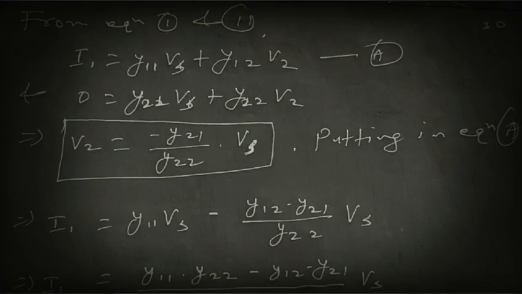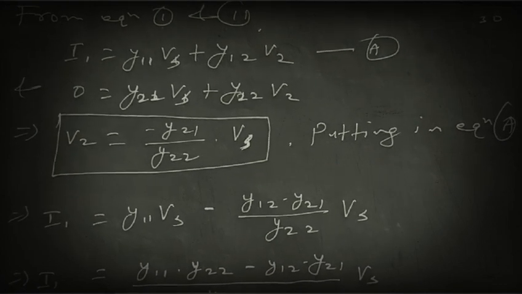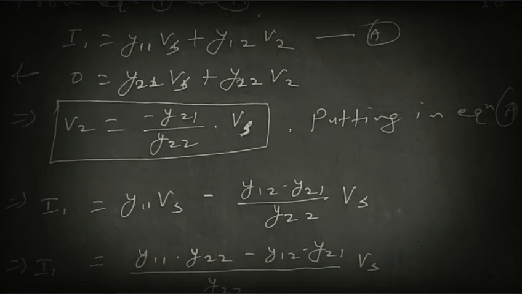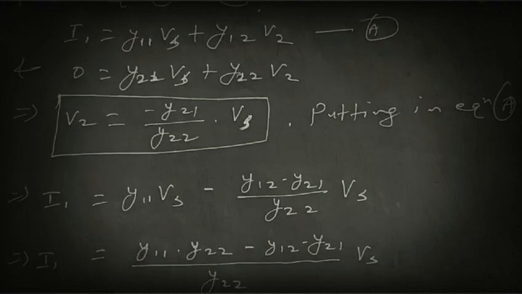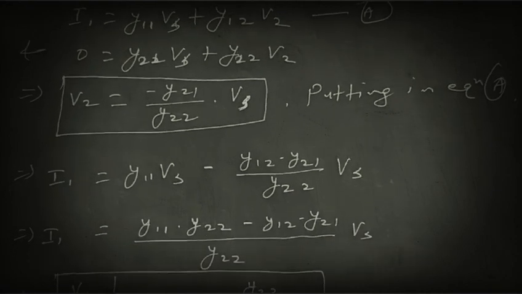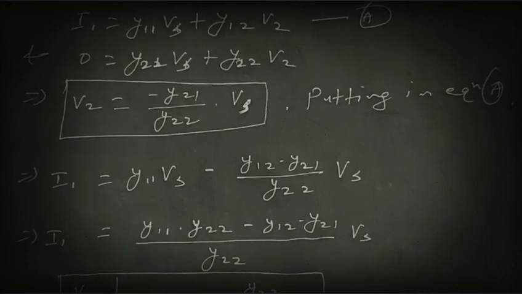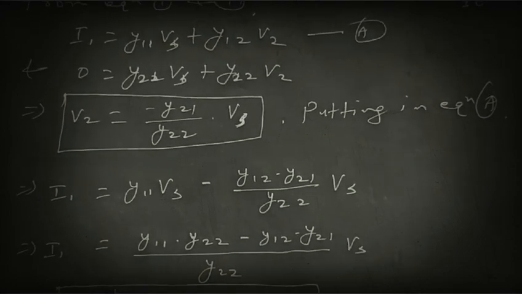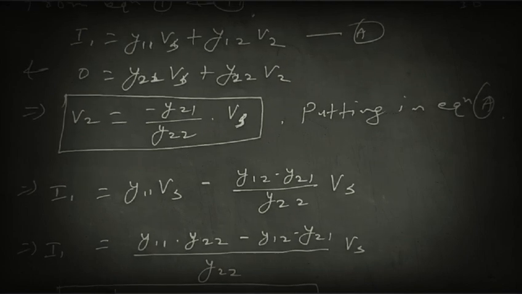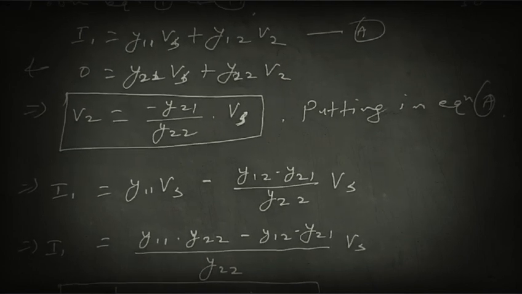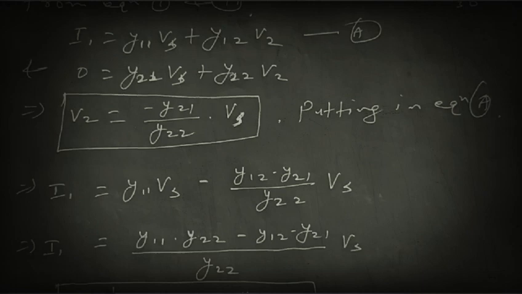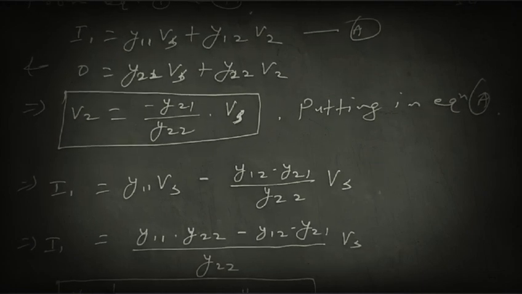Similarly, 0 will be equal to Y21 into Vs plus Y22 into V2. From here we get V2 equal to minus Y21 divided by Y22 into Vs. Now when we put the value of V2 in the equation A, that means I1 equal to Y11 into Vs plus Y12 into V2, we get I1 equal to Y11 into Vs minus Y12 into Y21 divided by Y22 into Vs.